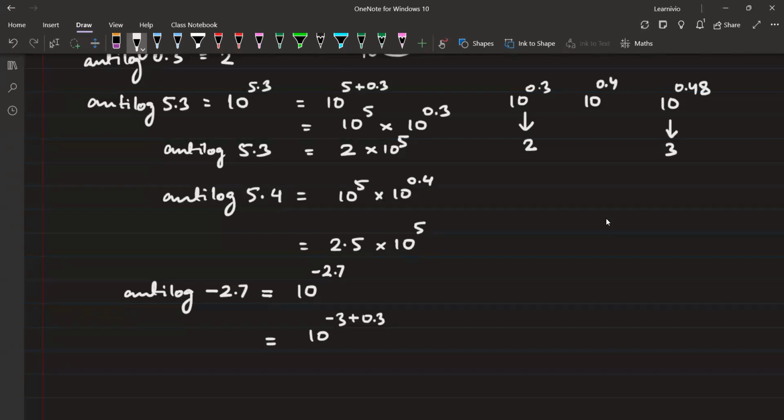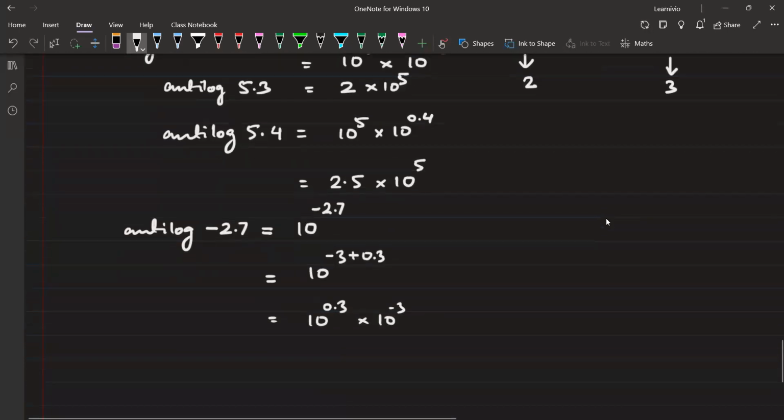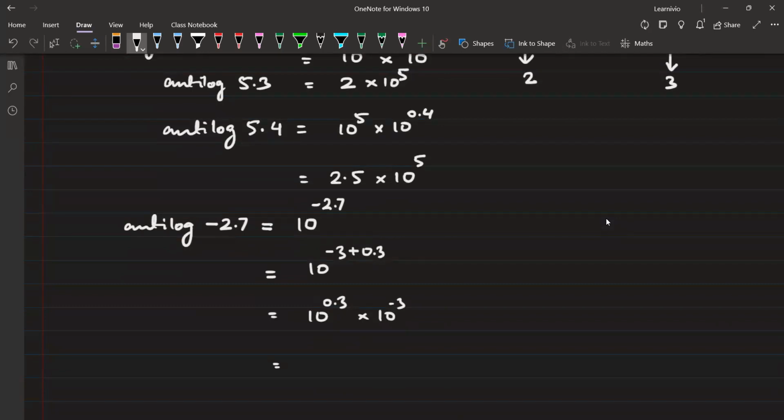So this will be 10 to the power 0.3 into 10 to the power -3, which is equal to 2 into 10 to the power -3.